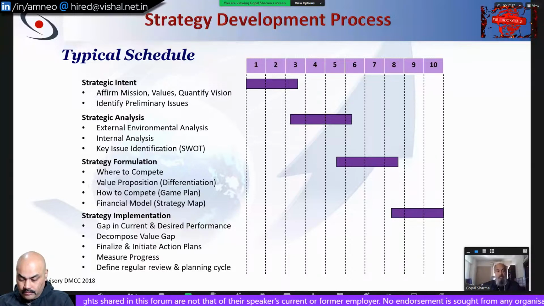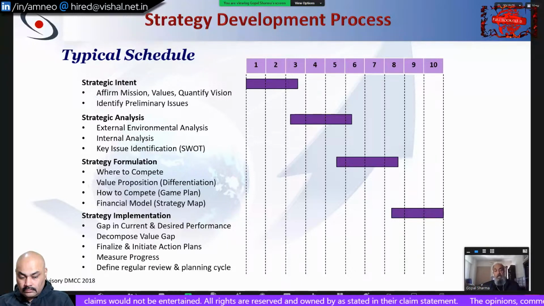Maybe you identified that your capacity is not enough. You need to increase your capacity, or you need to upgrade your equipment and machinery if you are in a manufacturing industry. So all those actions need to be finalized. You need to plan, and then resources in terms of people and financial resources need to be allocated for those action plans, and then we need to implement those action plans.